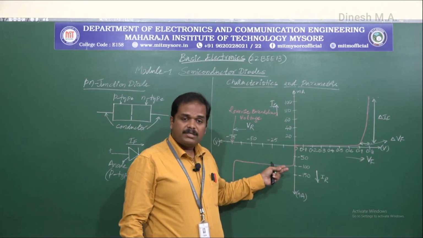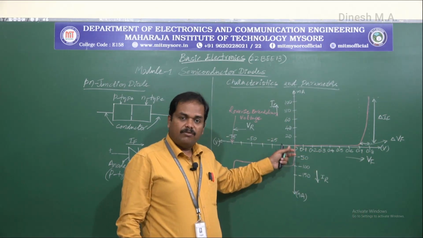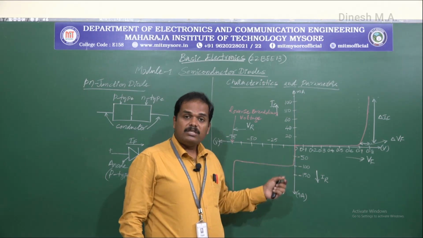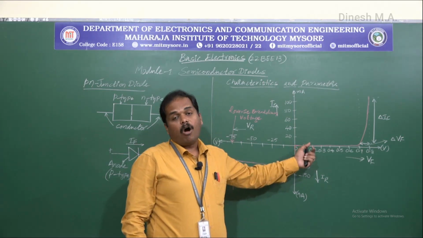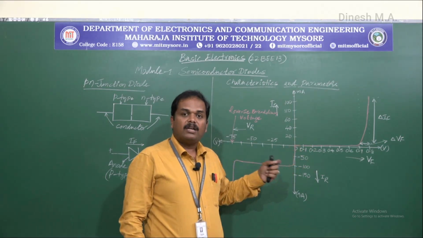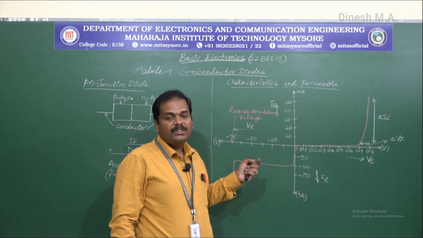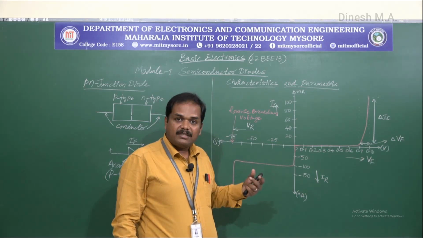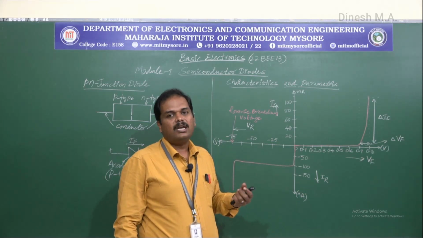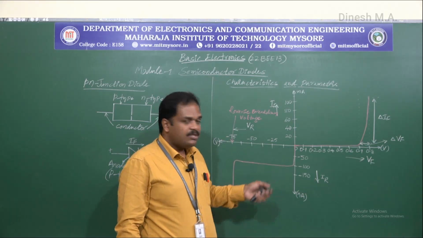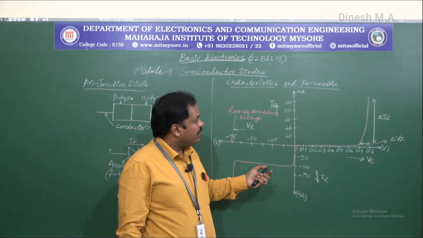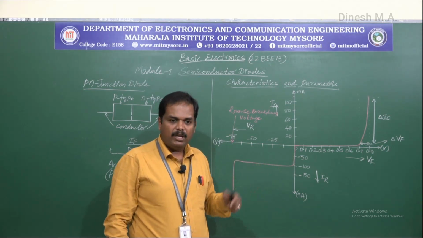And from these IV characteristics, we have understood that when the diode is forward biased, it offers a low resistance path working as a closed switch, and when it is reverse biased, the diode offers high resistance, working as almost an open switch. This we can understand with the help of some simple numerical also.